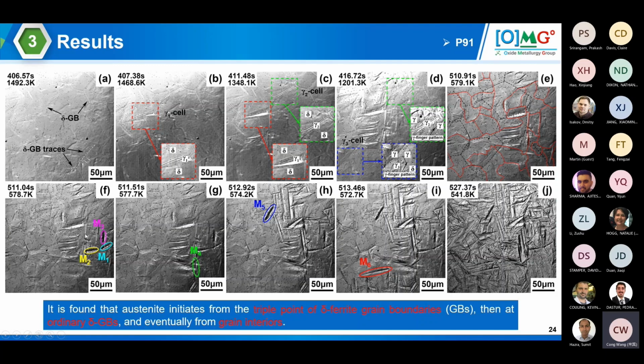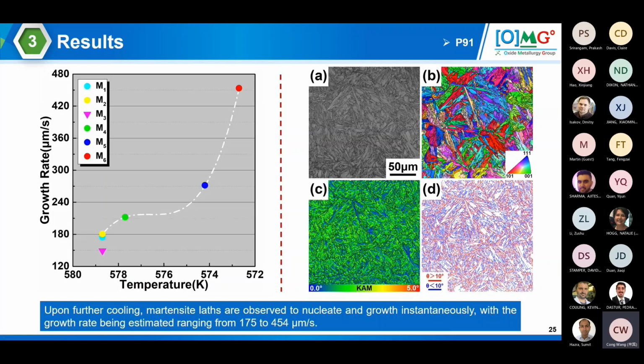They are essentially born within one specific austenite grain, and their growth rate can also be characterized here, but at much higher numbers. For these 6 martensite altogether, the growth rate varies from more than 100 micron per second, which is the lowest one, to about 500 micron per second.